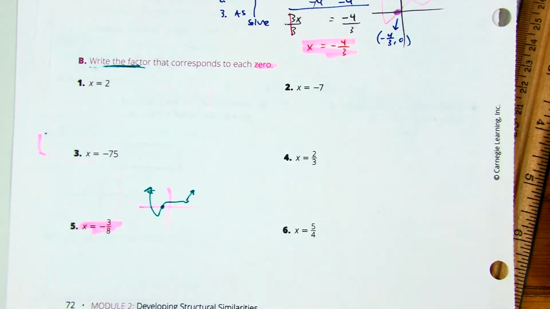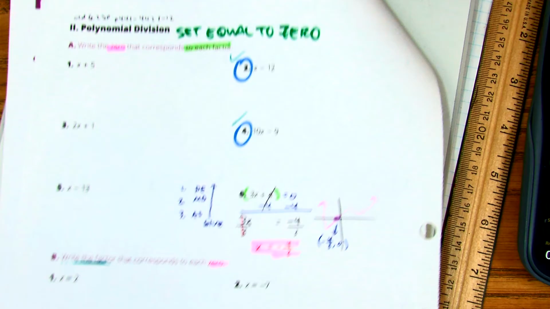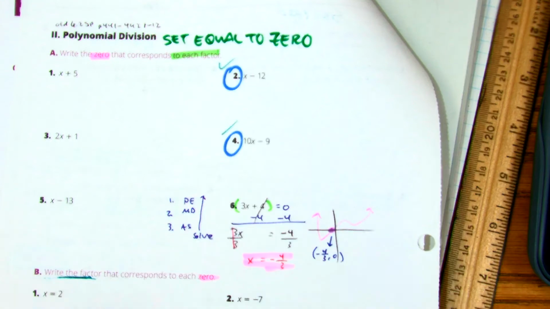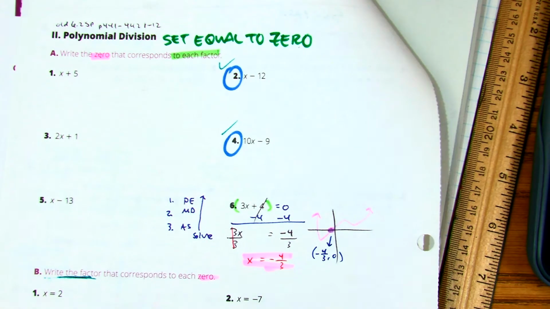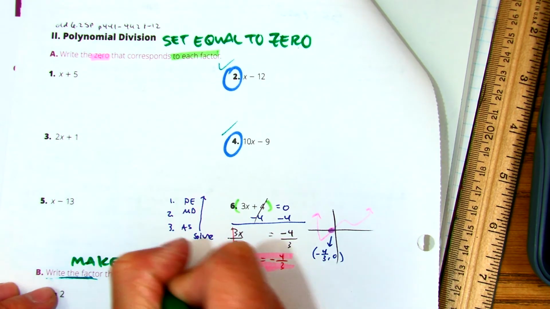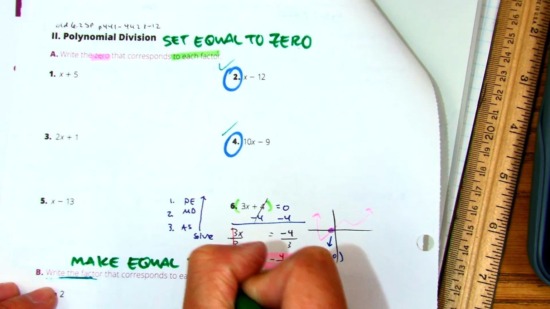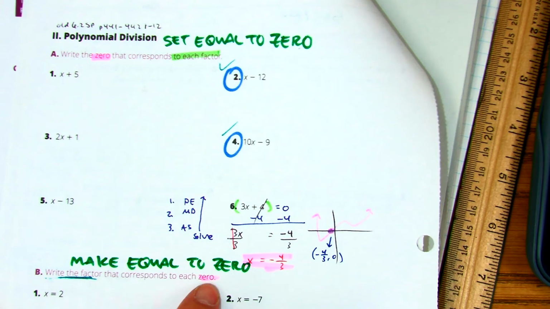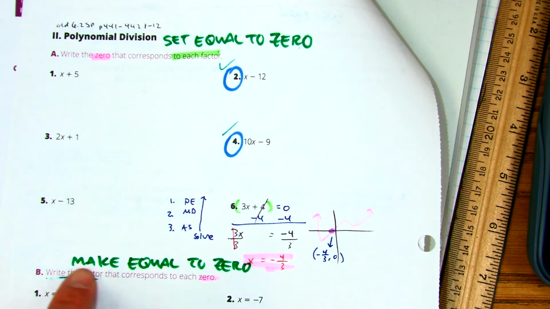Remember what the factor looked like in the previous problem. The factor is with parentheses. So I call this one, our goal is to make it equal to 0. To make a 0 a factor, our goal is to make it equal to 0.